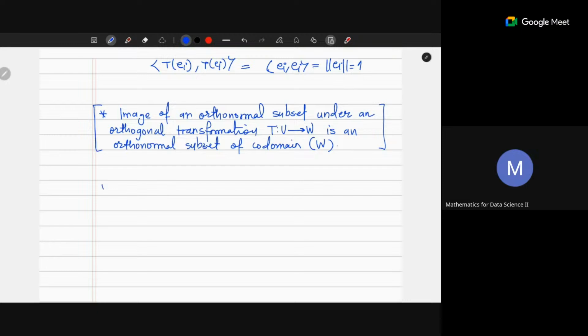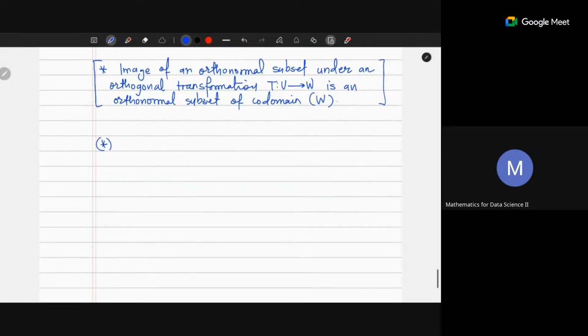In other words, we have already seen that any finite dimensional vector space has an orthonormal basis. So you can express your linear transformation always in terms of an orthonormal basis, right?